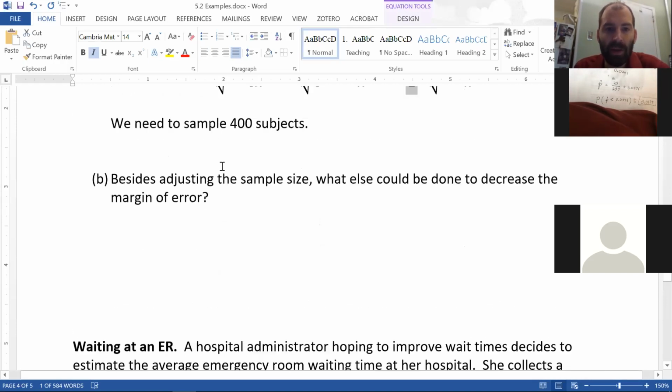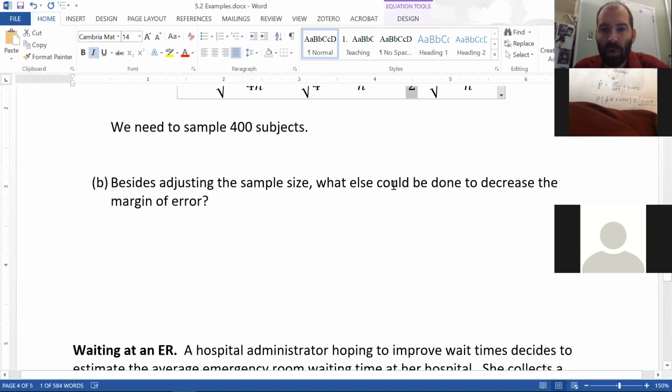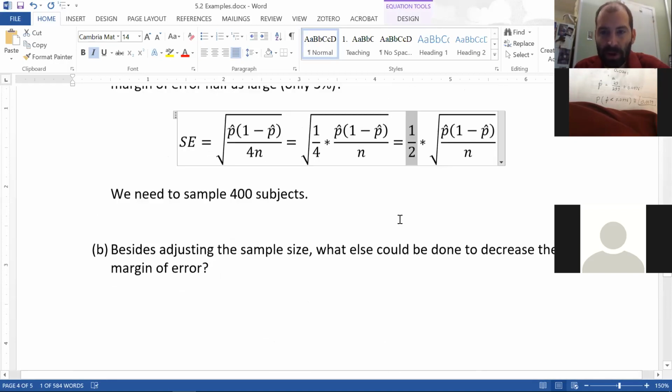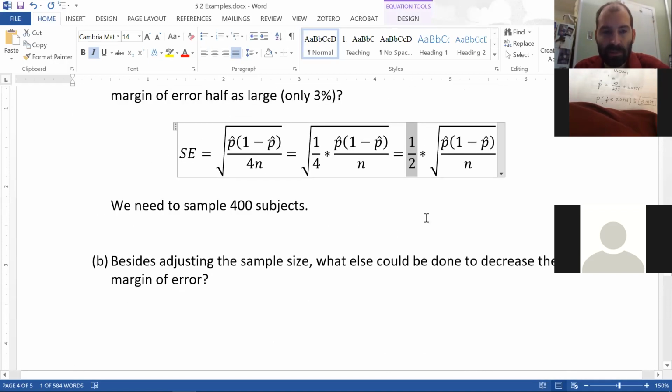Okay. Besides adjusting the sample size, what else could be done to decrease the margin of error? What else could we do?